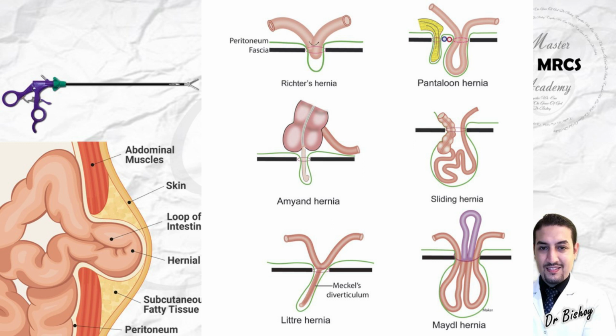Why should you know the Maydl hernia? We all know that with the Amyand hernia, when we have the appendix, we should be cautious and take care that we don't do hernioplasty when there is an inflamed appendix within our hernia. So why would knowing about a W-shaped loop within the sac of the hernia matter?